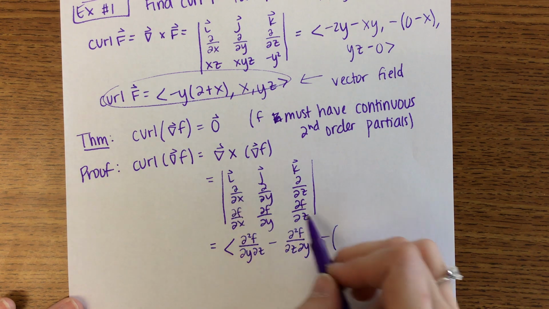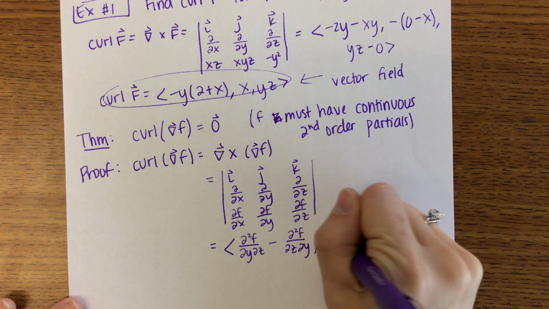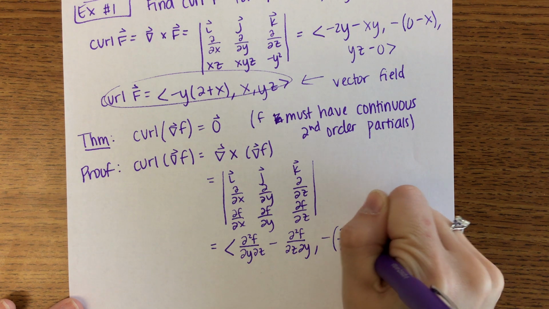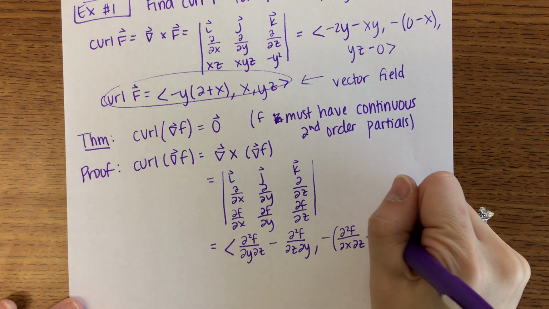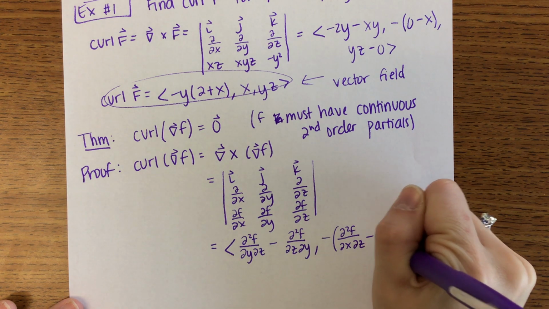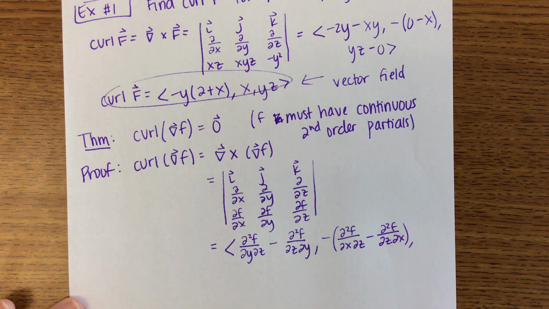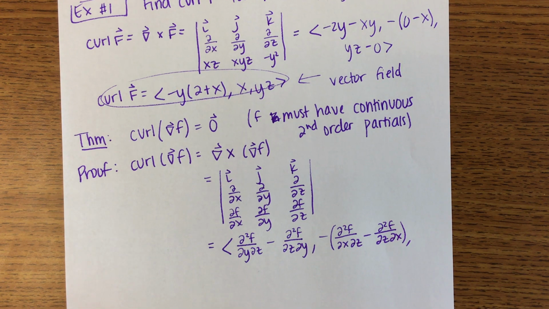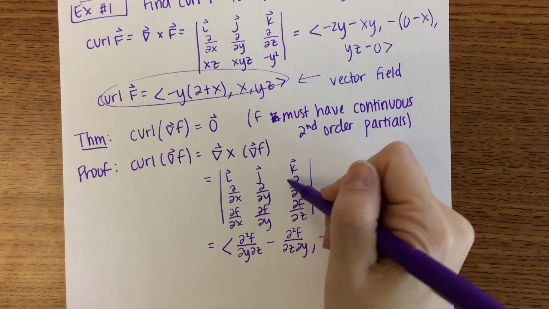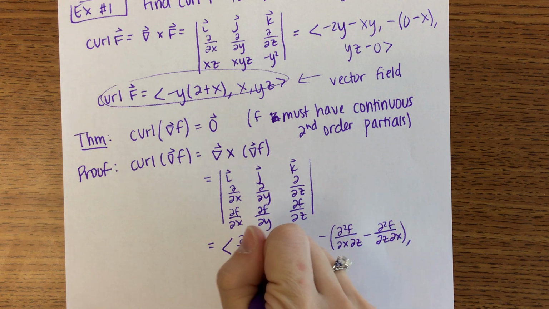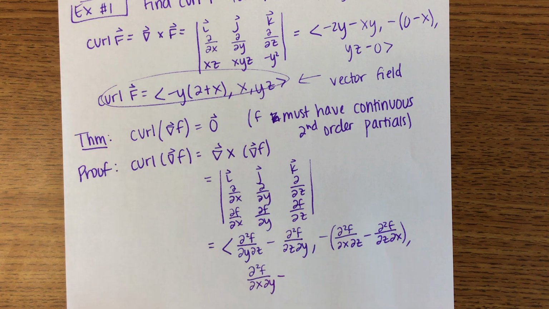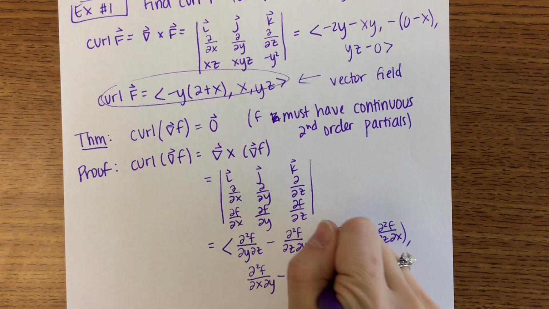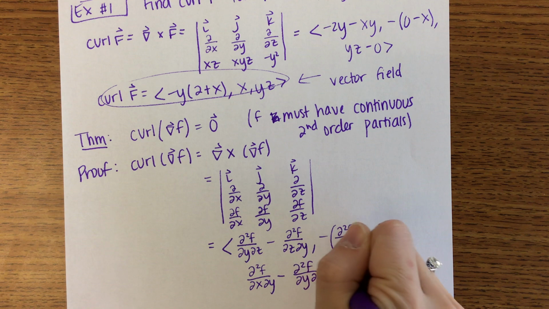So in this case, we get partial x times this one, so this is the second partial of f, partial x, partial z. Going this way, we get the second partial of f, partial z, partial x. And then the last one, if we go this direction, we get the second partial of f, partial x, partial y, minus the second partial of f, partial y, partial x.